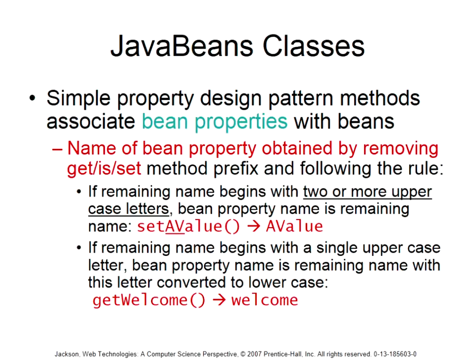For example, if the method is setAValue, the property will be AValue. We just remove set, and we obtain our property. Is it clear?